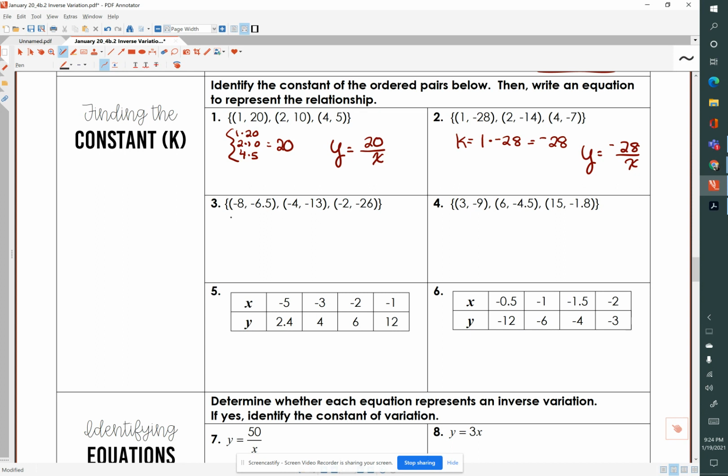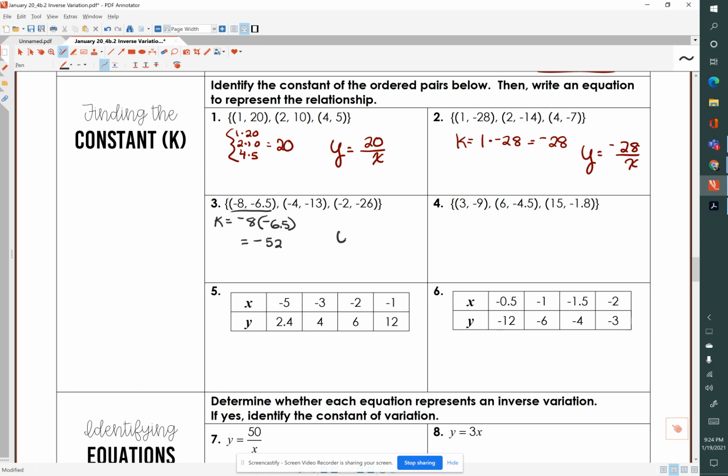Okay, so number 3, let's choose an ordered pair. I'll choose the first one. K equals negative 8 times negative 6.5, which equals negative 52.